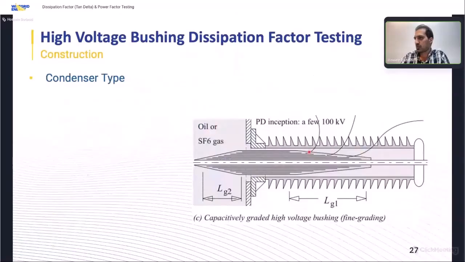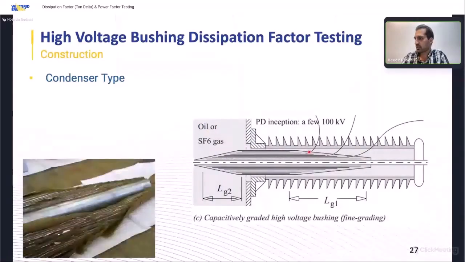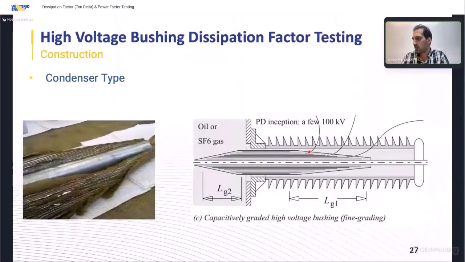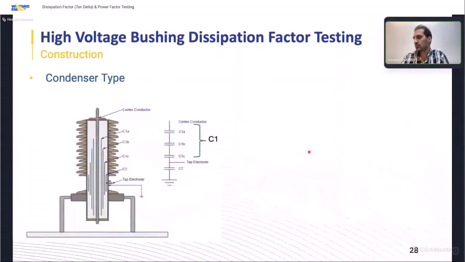So in condenser type bushings, we have a capacitive grading inside of the bushings. I mean, we have some aluminum foil paper, and they are impregnated in the oil. So we will have a capacitance network like this. We have the central conductor here, then aluminum foil, which gives us a capacitance like this.